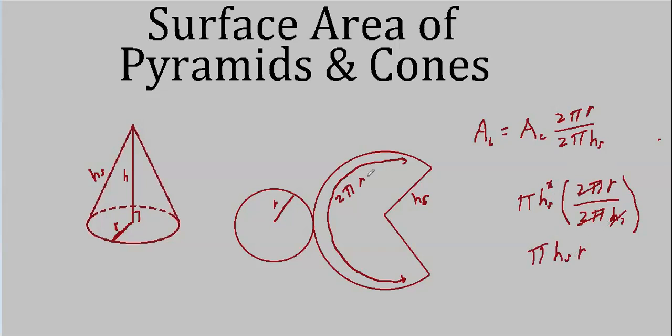Remember, h sub s is the radius for the big circle, and the r here is r for your base circle. That gives us the area for this. If we wanted the area for the whole pyramid, naturally we just add in our pi r squared. That's the area of the base circle. So here we have a formula for the surface area of a cone.